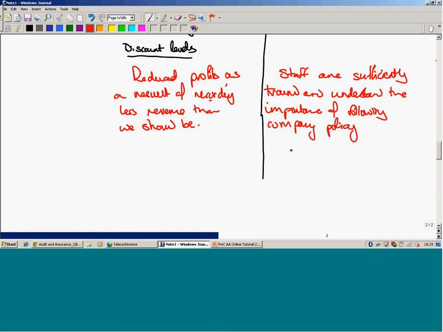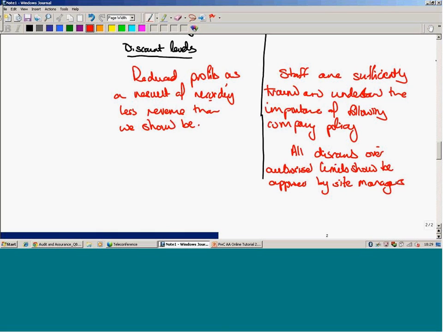So what you could have is that all discounts beyond authorized limits must be approved by managers. When anybody sticks any old discount in somewhere, it's got to be approved first.